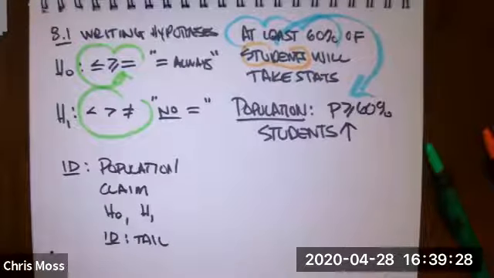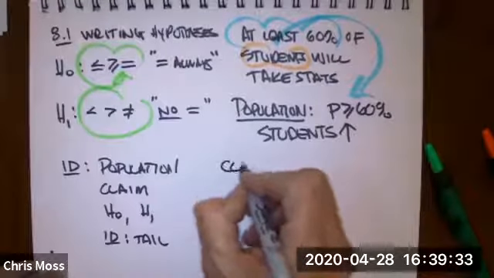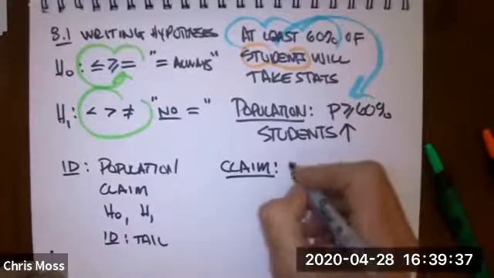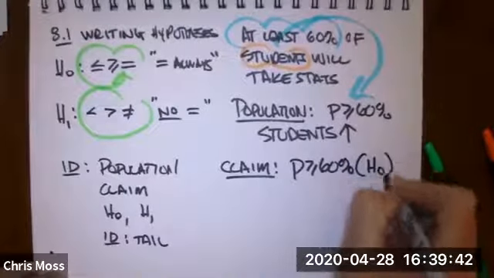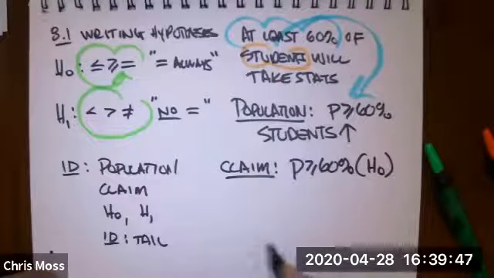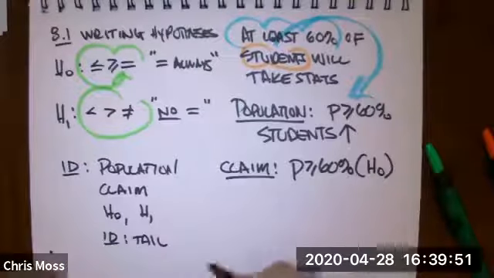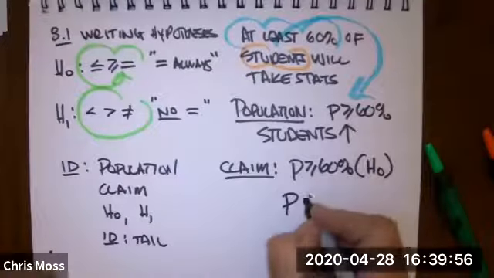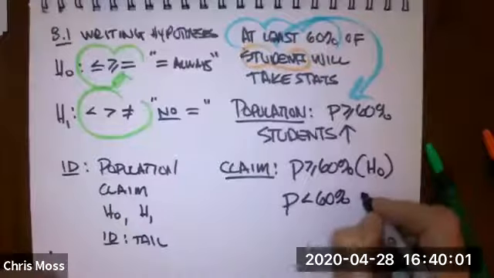So what I have here is the claim in this case, because it contains equality, P greater than or equal to 60%, it is destined to be the null hypothesis. Now, we have to deduce from that the alternative. Remember, these are either or types of questions. They can't be true at the same time. So the flip side of greater than or equal to is P less than 60%.